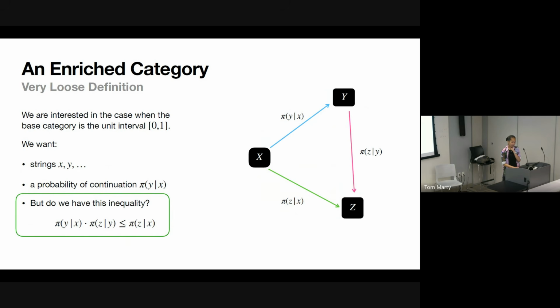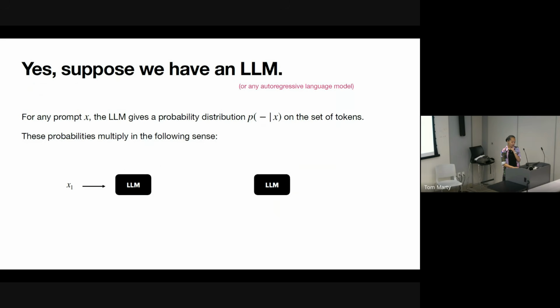So how should we choose the pi then? Well, it turns out this is exactly what happens if you have an autoregressive language model, or let's just say a large language model. So for any prompt, if you have an LLM, it gives you a probability distribution on this token set.